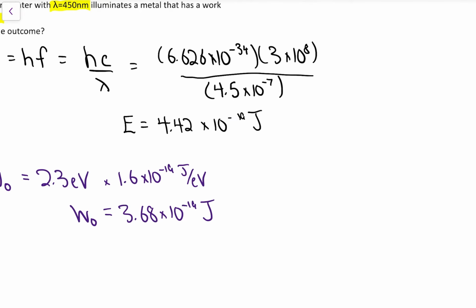There is the equation, but I just like to sort of think it through. Each bullet of light has an energy of the 4.42 number. The work function is 3.68. Therefore, there's enough energy. Electrons will be ejected.